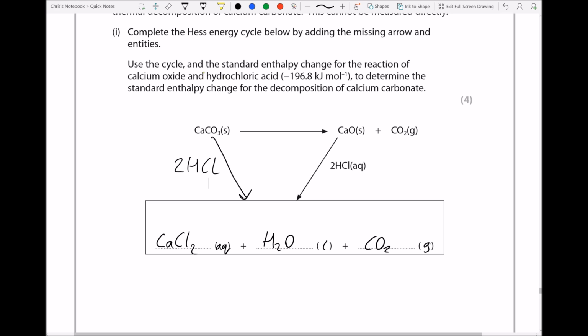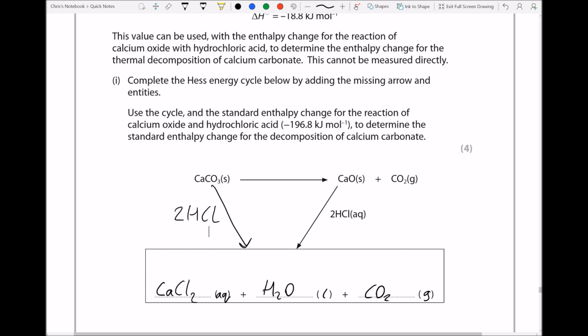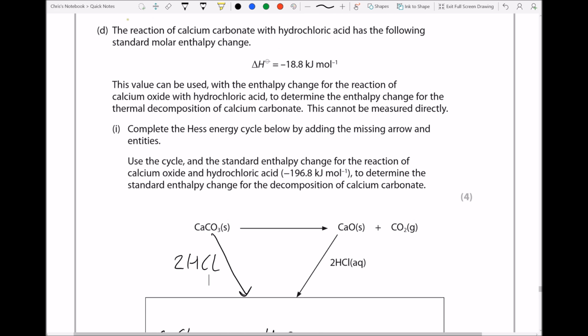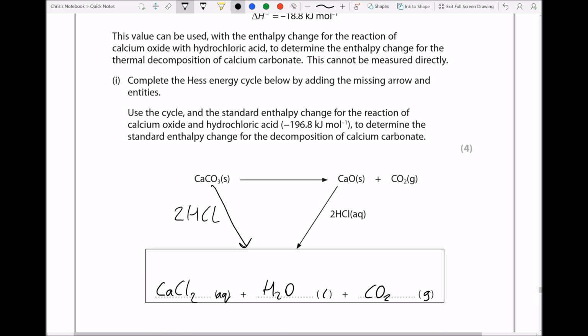Now what we have to do is use the cycle and the standard enthalpy change for the reaction of calcium oxide and hydrochloric acid to determine the standard enthalpy change of decomposition of calcium carbonate. So we want to work out this value here. They've told us some numbers. Calcium carbonate with hydrochloric acid has the following standard molar enthalpy change, so this one is minus 18.8 kilojoules per mole.